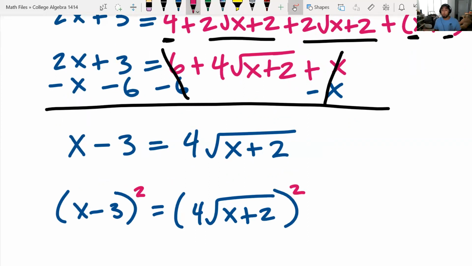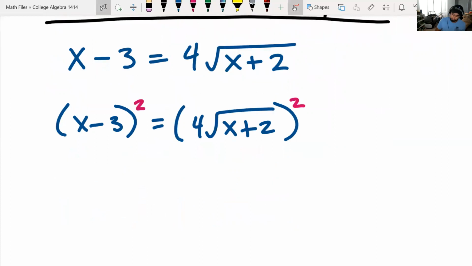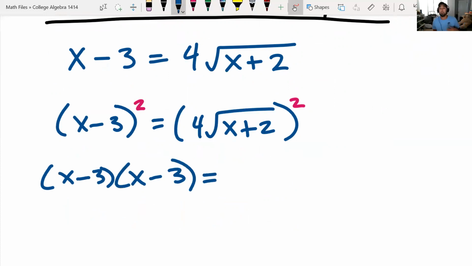Okay. We square both sides to get rid of the radical. Well, now look at the left side. (x minus 3) squared means more expanding. Oh, FOIL. So x minus 3 times x minus 3.